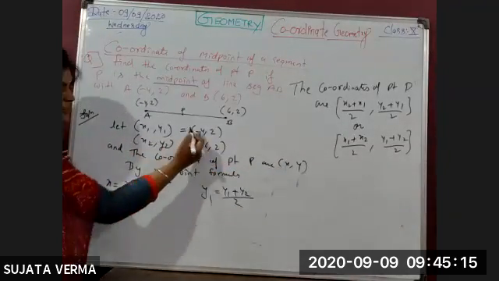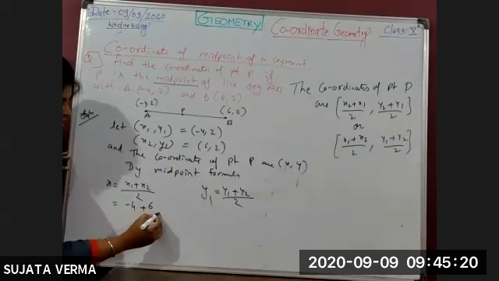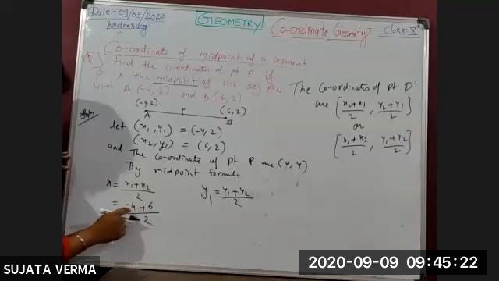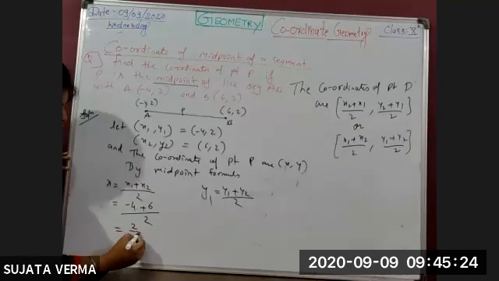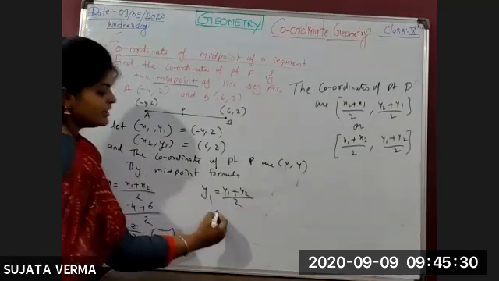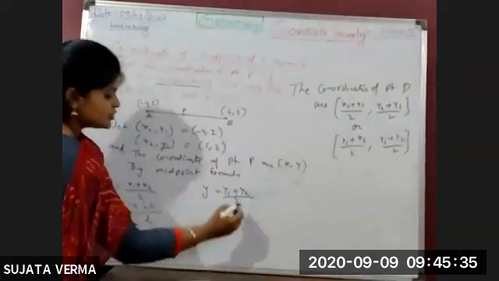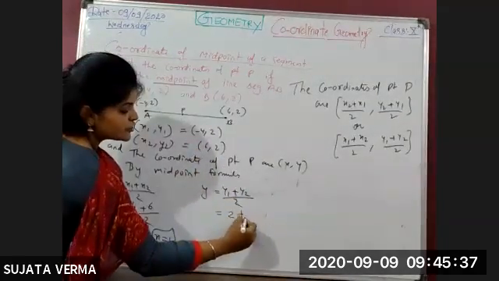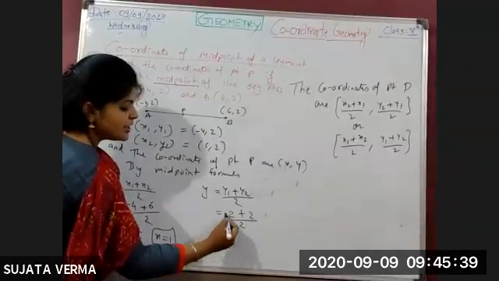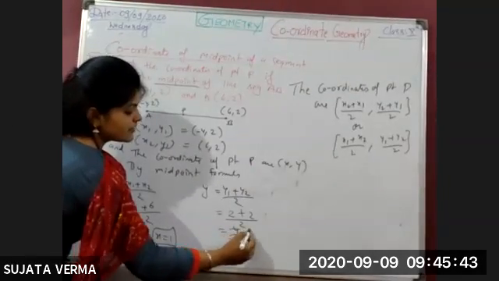Substitute here. x1 is equal to -4, x2 is equal to 6, divided by 2. 6 minus 4 is 2, 2 divided by 2 gets cancelled. So x is equal to 1. In this question, y1 is equal to 2 and y2 is also equal to 2. 2 plus 2 is 4, 4 divided by 2 gets cancelled.